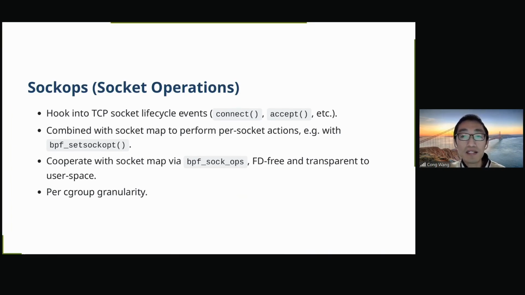The reason I need to introduce it here is that it is common to combine the socket ops together with the socket map to get some more powerful use cases. That's why we need to mention it here. When they are combined, we could produce an even wider range of use cases.